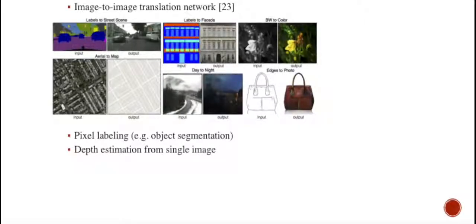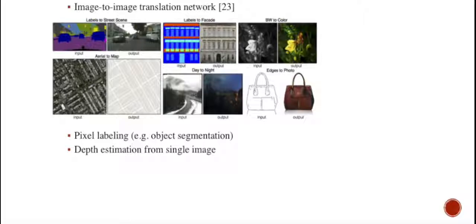Also, there is a variety of vision tasks that can be formulated as image-to-image transformation problems. Intrinsic image decomposition is one such example. In reference 23, Isola introduced an image-to-image translation network for several other tasks, including image colorization, sketch-to-image, and image-to-map generation.